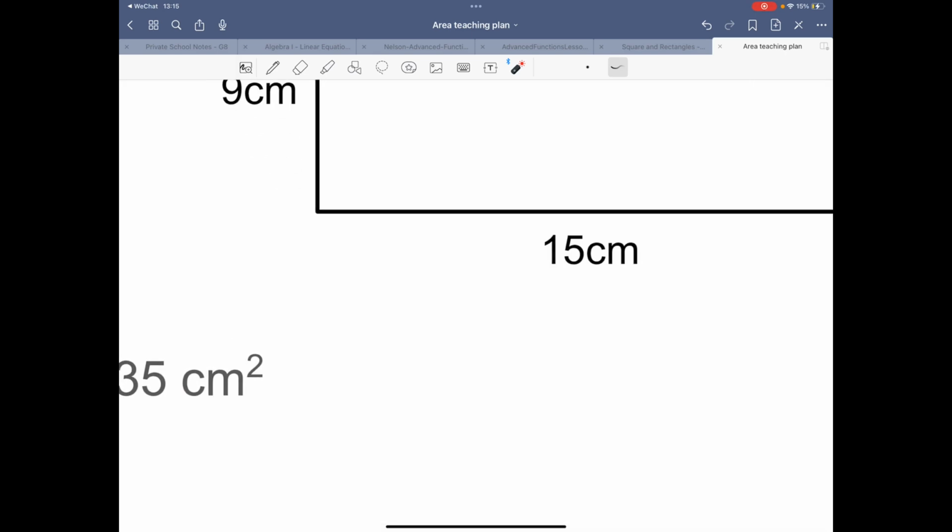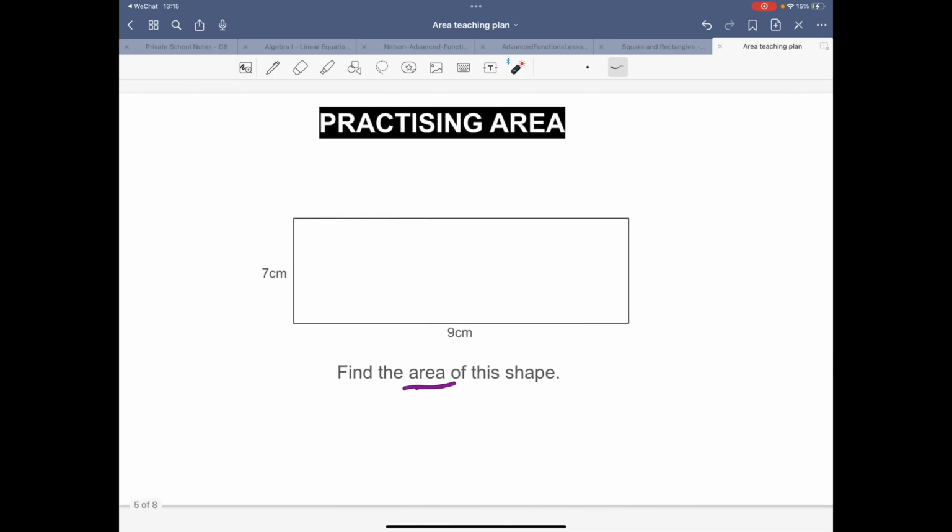And don't forget to add a little 2 and the units, which is centimeters. So now we're going to multiply these 2 numbers together, which is 7 times 9. What's 7 times 9? 7 times 9 is 63.